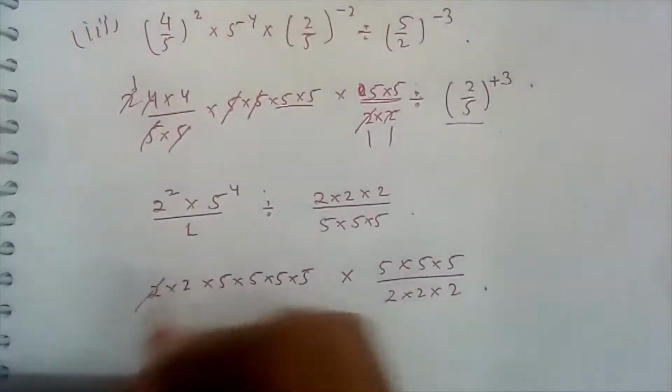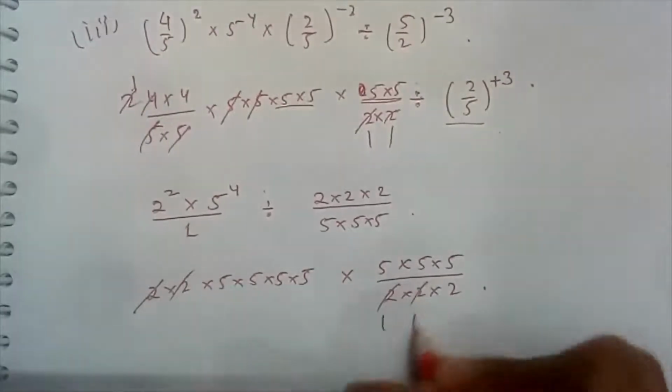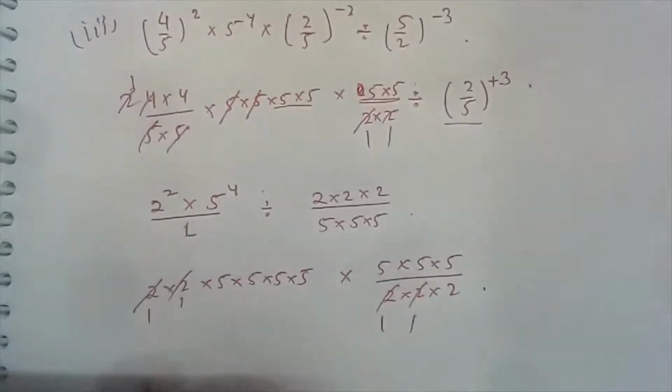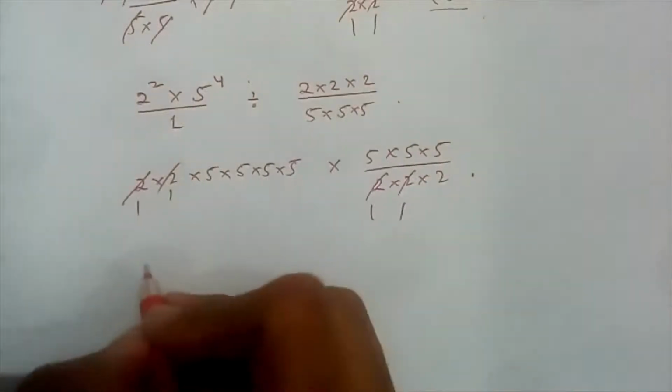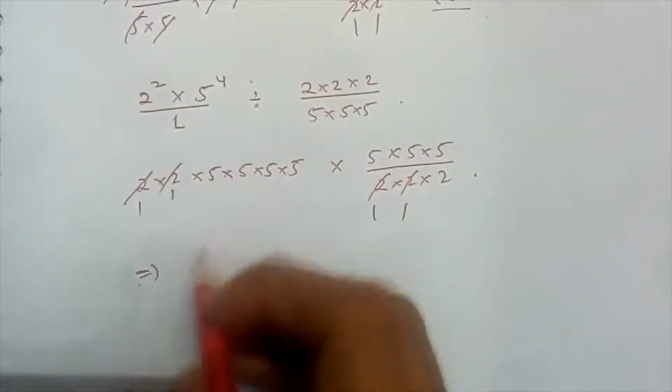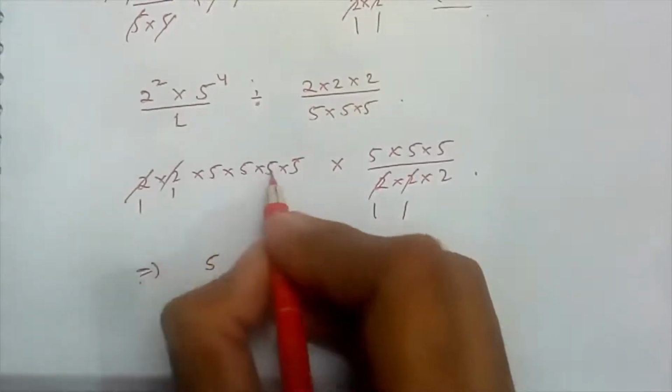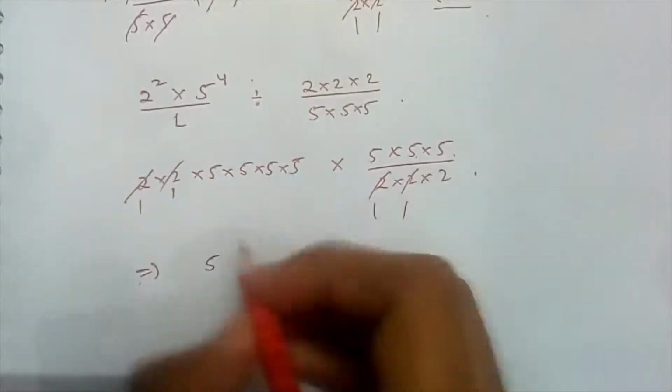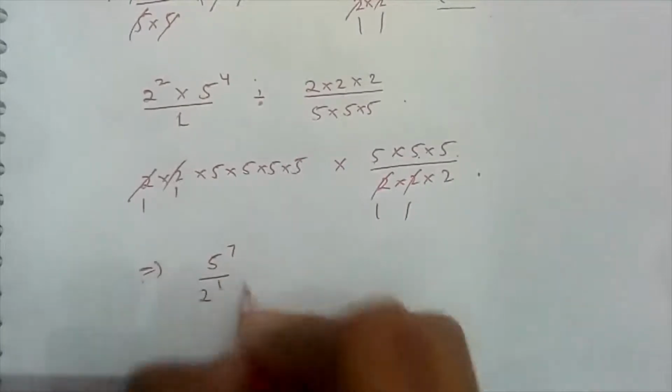So here 2 ones are 2 ones are. And now we will get the answer like 5 to the power 7 upon 2 to the power 1 is the answer.